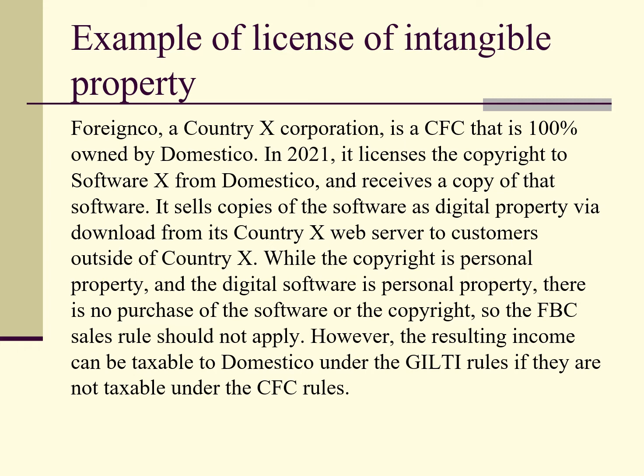It sells copies of the software as digital property via download from its country X web server to customers outside of country X. While the copyright is personal property and the digital software is personal property, there is no purchase of the software or the copyright, so the FBC sales rule should not apply. However, the resulting income can be taxable to Domestic Co. under the GILTI rules if they are not taxable under the CFC rules.